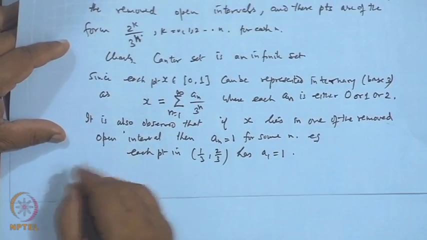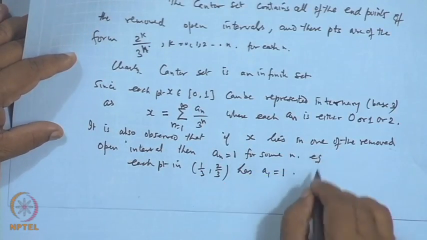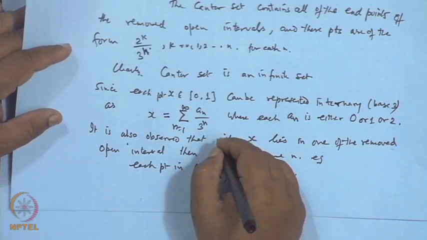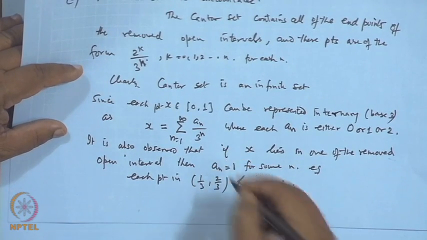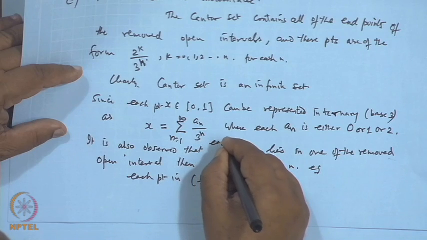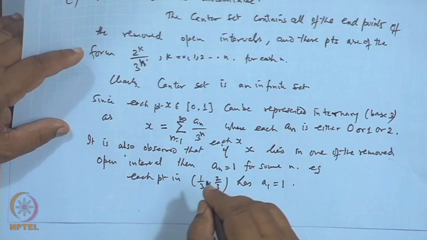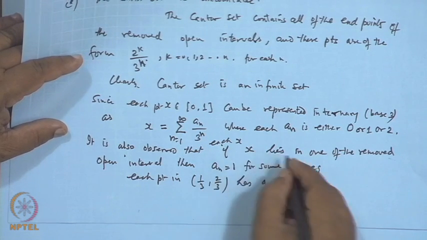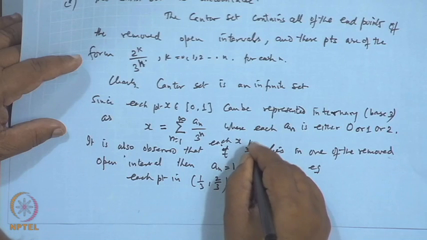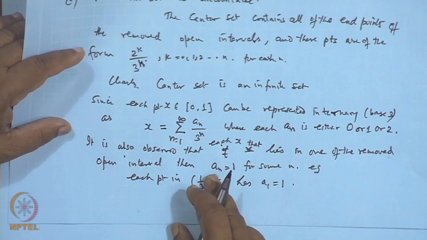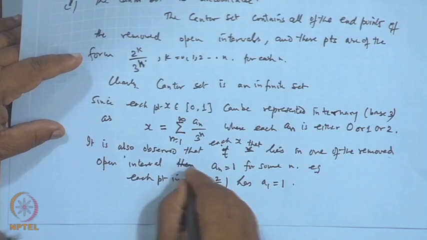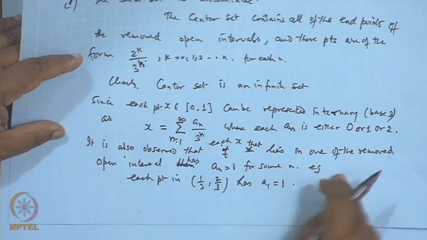So, this is true for each x that lies in one of the open intervals: a_n is 1 for some n.